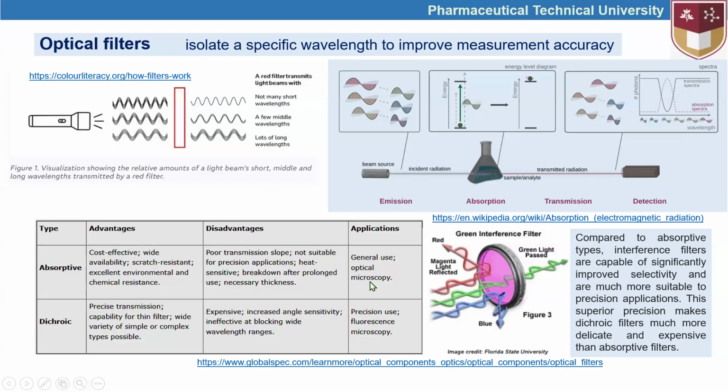These are the points, and here we can see how the green interference filter can work. Here we can see that when green color transmits, the red color and blue color are reflected. This is the point of how filters work.